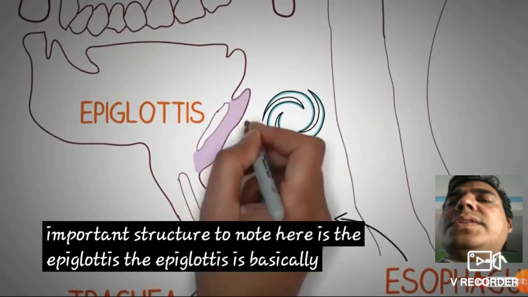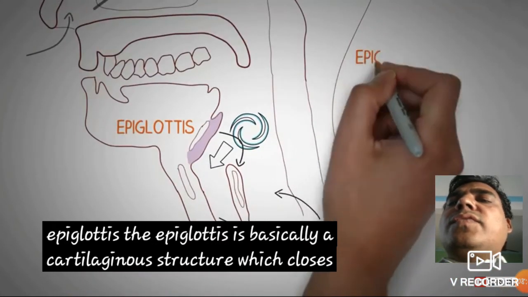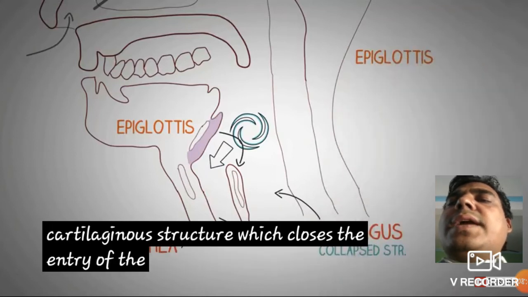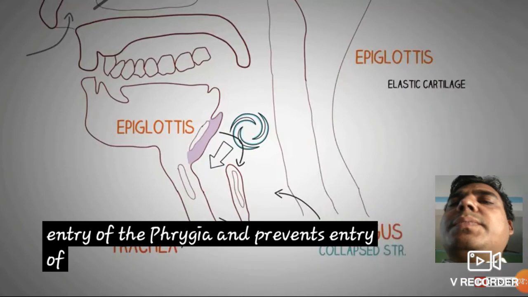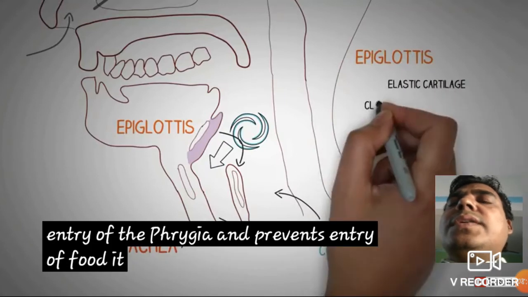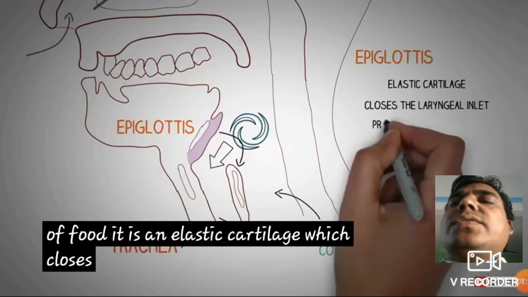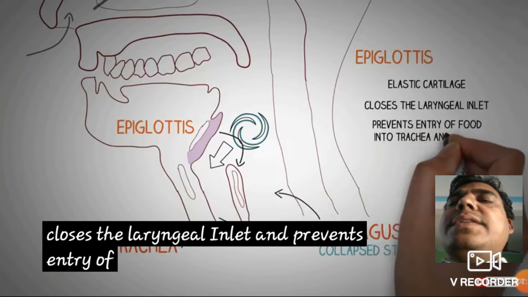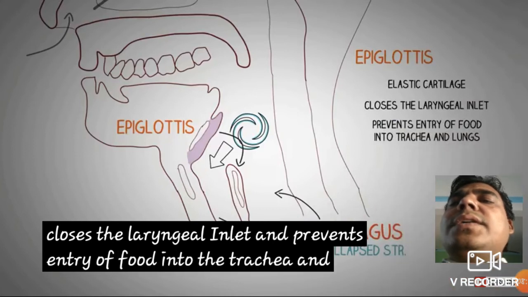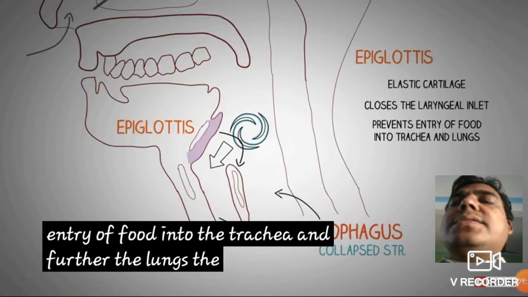The epiglottis is basically a cartilaginous structure which closes the entry of the pharynx and prevents entry of food. It is an elastic cartilage which closes the laryngeal inlet and prevents entry of food into the trachea and further the lungs.